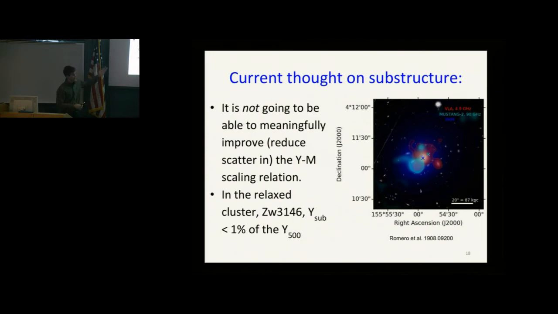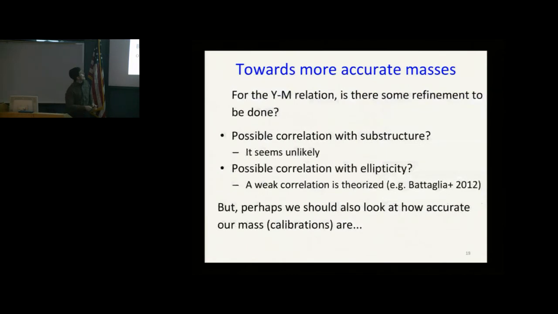And here, if we fit just a spherical model, we find that whatever residual Compton y, little y, is left, or integrate that and get a residual Compton big Y, it's 1% of this total Y. All right, so we don't see a clear correlation between substructure and scattering the YM relation. So is there something more we can do to refine the YM relation to thereby get more accurate masses?